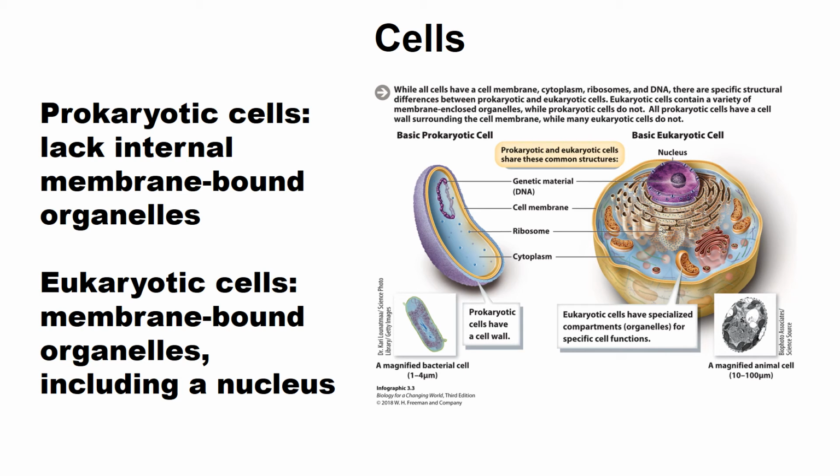And the second important difference is that prokaryotic cells do not have a nucleus. This is in contrast to eukaryotic cells, which have many membrane-bound organelles, and they also have a nucleus. Again, the main difference between prokaryotic and eukaryotic cells is that prokaryotic cells do not have a nucleus, and they also don't have membrane-bound organelles.